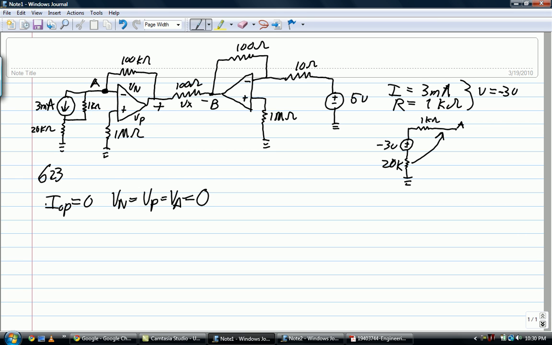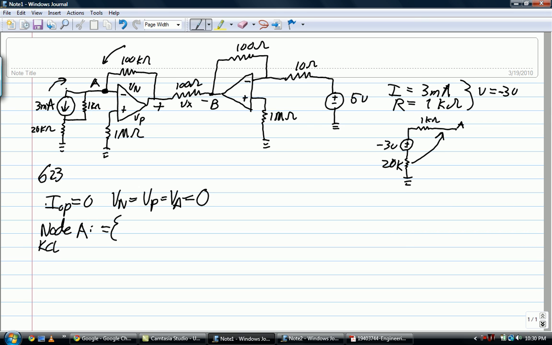So let's begin our nodal equation for A. So we have our node A, and for this we'll be using KCL. Our current in will be having a current in from this direction and a current in from this direction, since current flows from higher voltage to lower voltage.